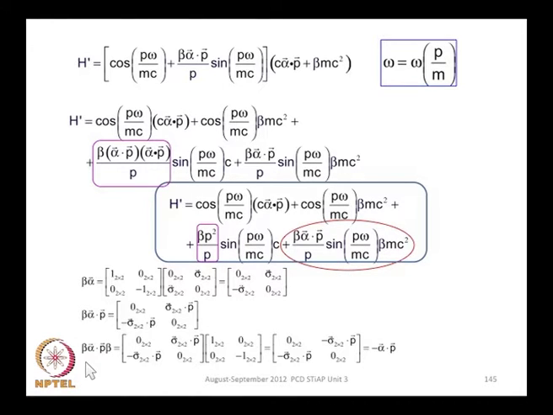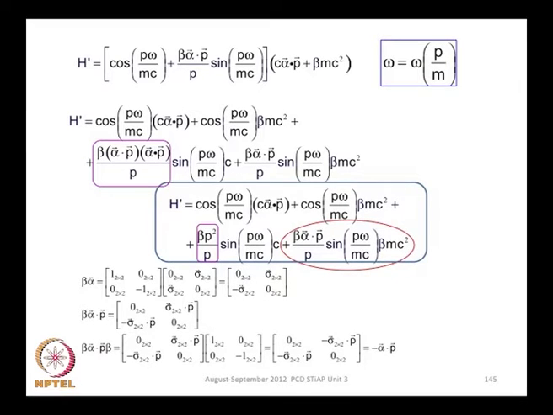That is what we are looking for, and to get that we first get beta alpha, then beta alpha dot p, and then beta alpha dot p beta, and all you have to do is to use the Dirac matrices and carry out the multiplication systematically, which is a very simple thing to do.